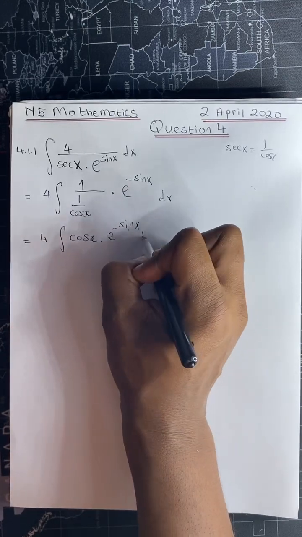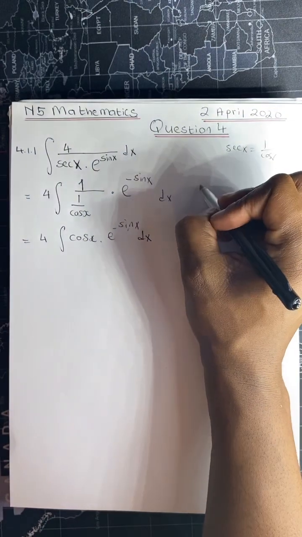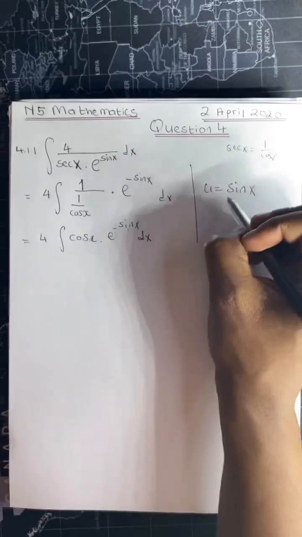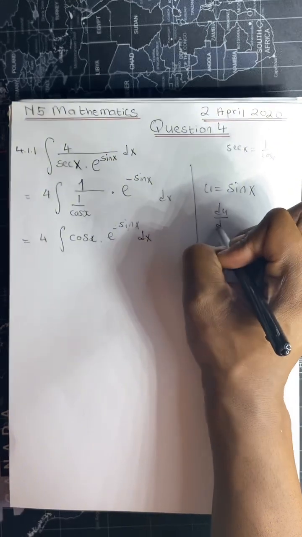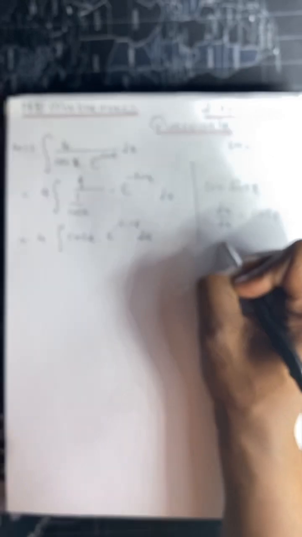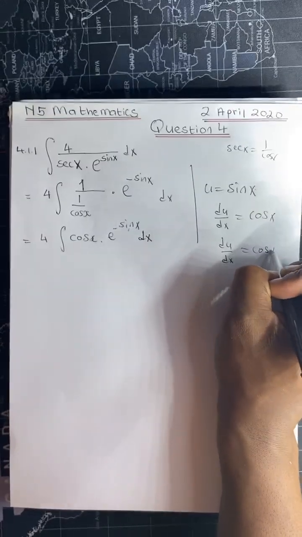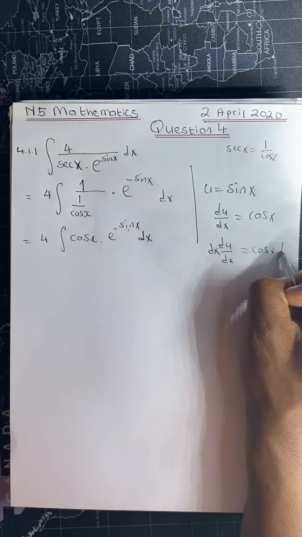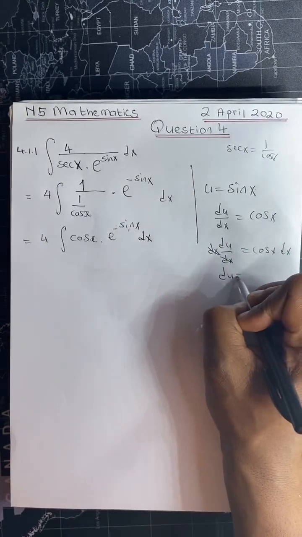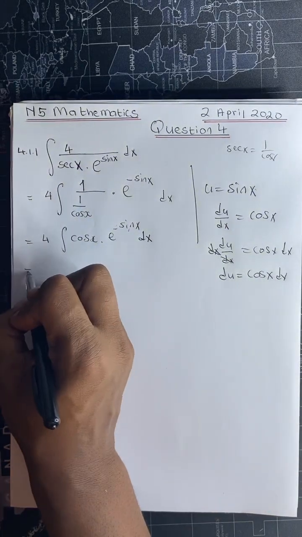From here we let u equal sine x, and we differentiate u with respect to x. The derivative of sine x is equal to cos x. We multiply both sides of the equation by dx, so that dx cancels out with that dx, and du will be equal to cos x dx.